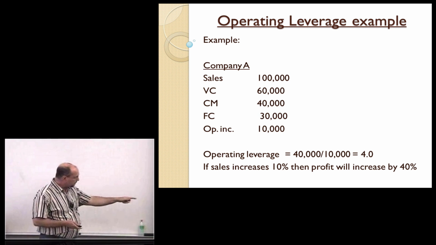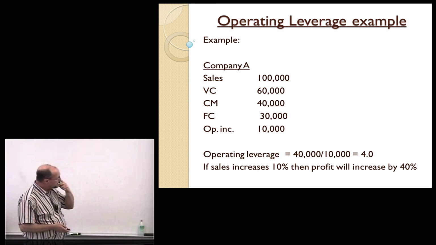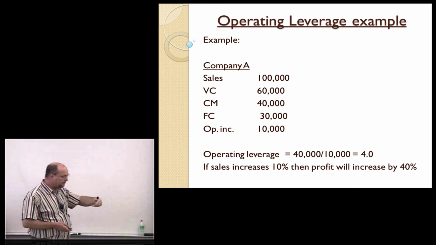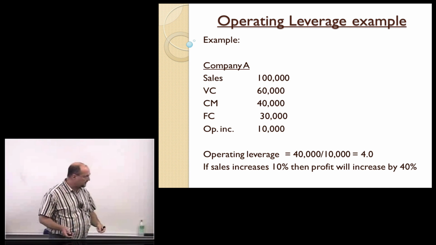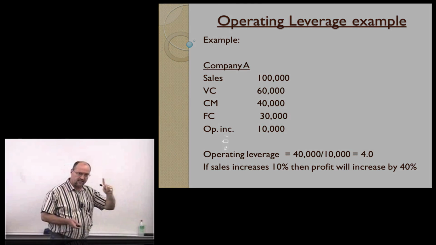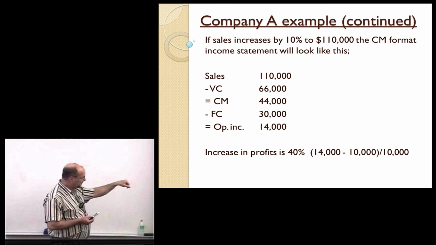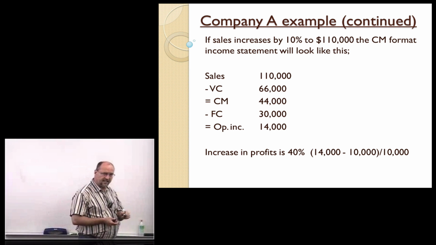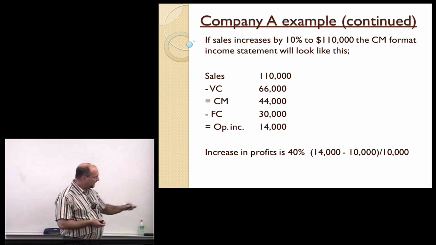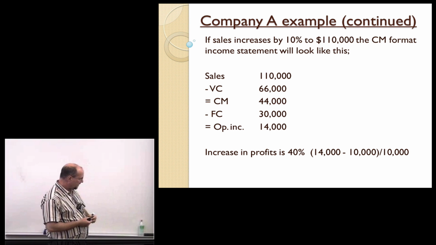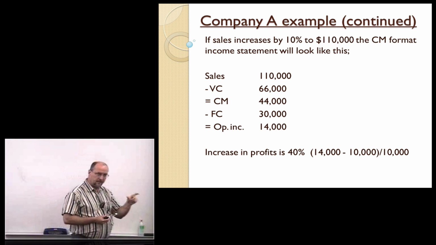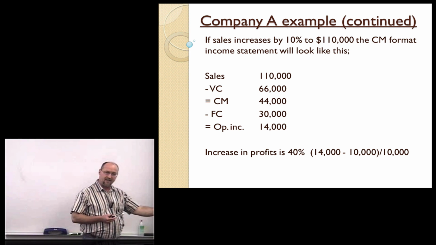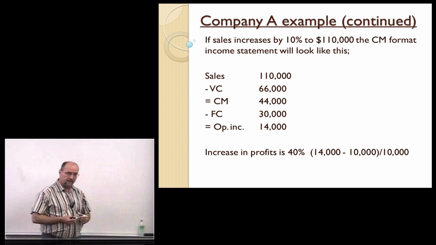So let's go ahead and plug that in. If sales increase by 10%, variable cost would go up by 10%, contribution margin goes up by 10%, fixed cost does not change, that's the key here. So 110 minus 66, contribution margin is 44,000, fixed costs do not change, they're fixed. Operating income is now 14,000. Now, this year operating income is 14,000, last year was 10,000, that's a $4,000 increase.